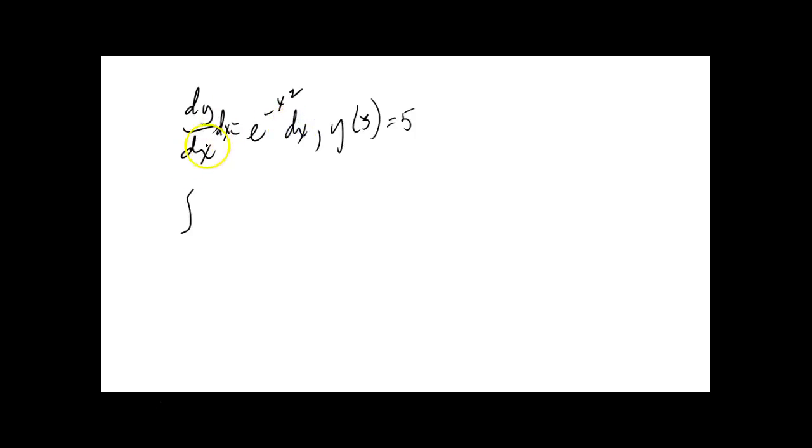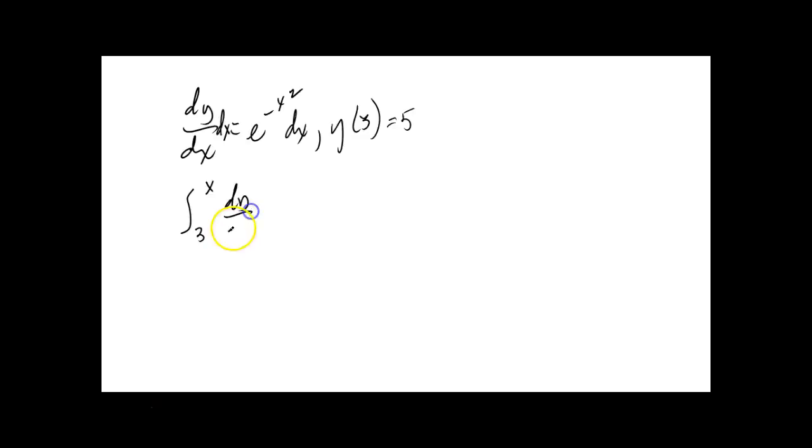Now before, that wiped out your dx because it was now in integral form, differential form. But now we're going to leave that in there, okay? And this seems a little bizarre, but it's okay. But then when you integrate over x, and since x is going to be in your integral from 3 to x, you have to change the dummy variable to something else.